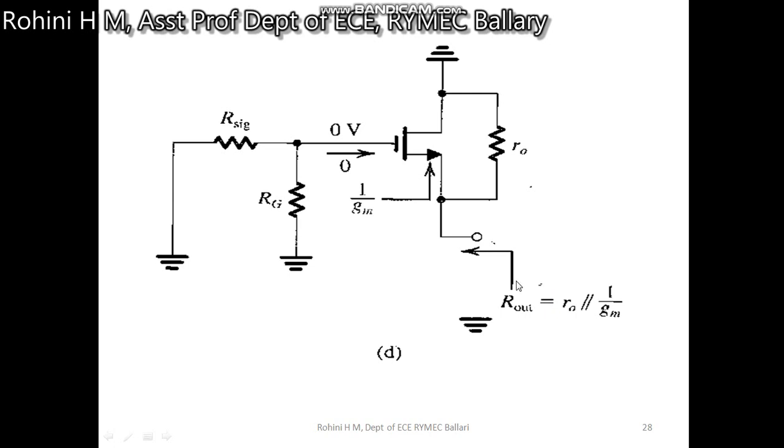What is R out? Looking into the circuit from the output side, the current source is kept as an open circuit. R out is just a parallel combination of Ro and 1 over Gm. Therefore, R out is equal to Ro parallel with 1 over Gm.